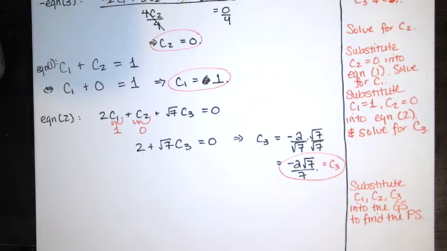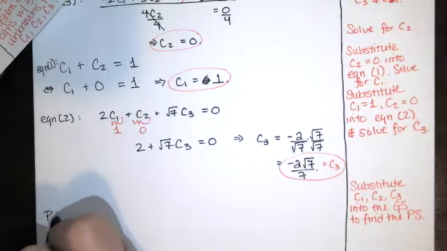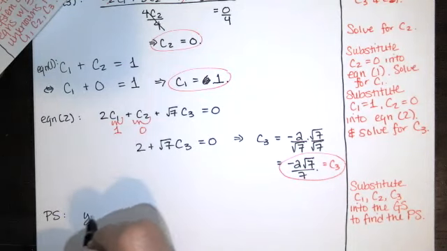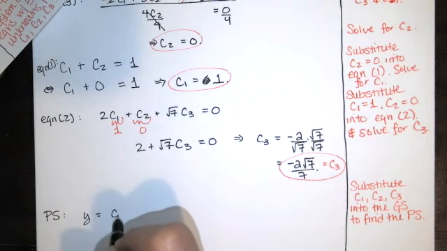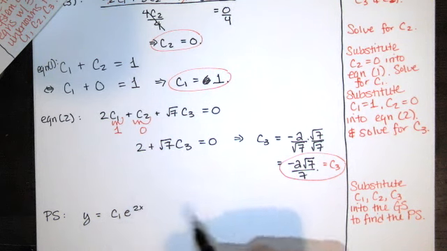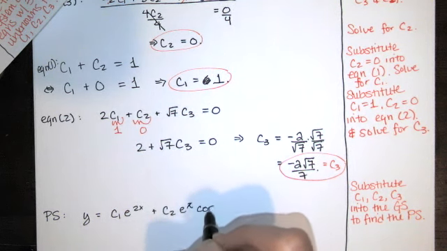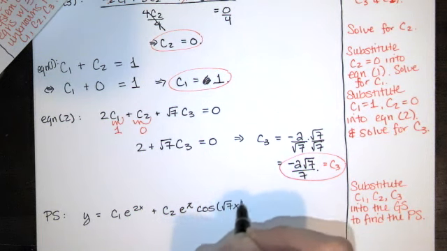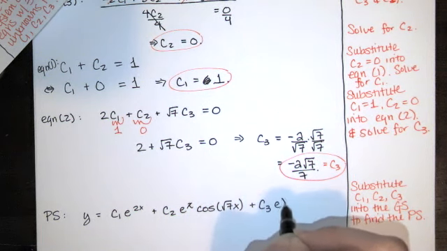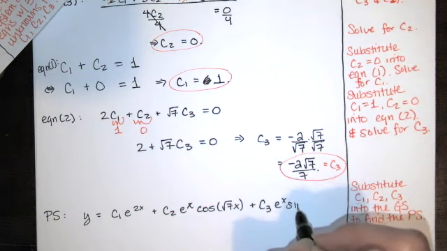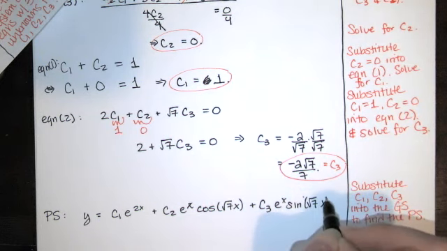Okay, so our general solution was here. We had y equals c1 e to the 2x plus c2 e to the x times cosine of square root of 7 times x plus c3 times e to the x times sine of square root of 7 times x.